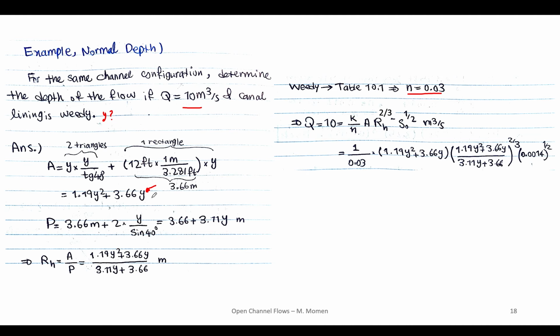So it's going to be 1.19 y squared plus 3.66 y, times the hydraulic radius, which I write from here: 1.19 y squared plus 3.66 y over 3.11 times y plus 3.66, to power 2/3, times S naught to power 1/2. S naught is going to be the same as the previous problem: 0.0014 to power 1/2.